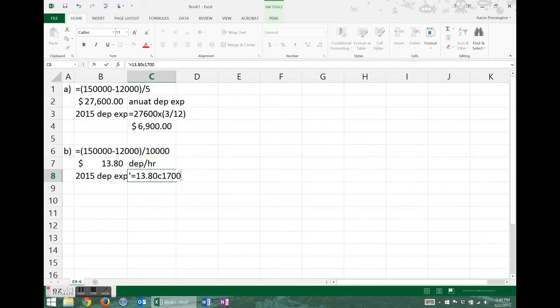So 2015 depreciation under units of activity is going to be $23,460.